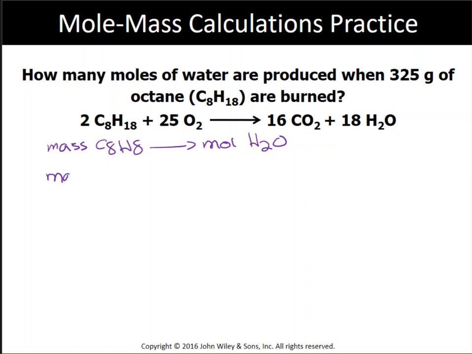So in order to solve this, we're gonna go from the mass of octane to moles of octane. And once we have moles of octane, we use the balancing coefficients as a molar ratio to find moles of H2O.